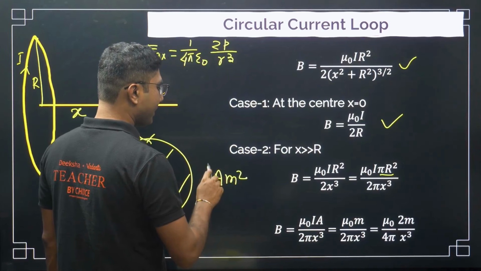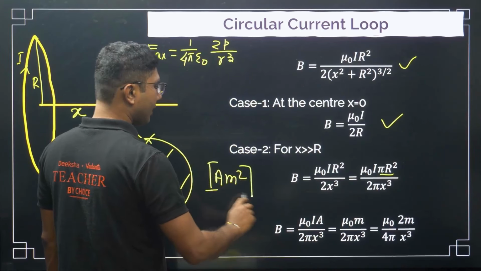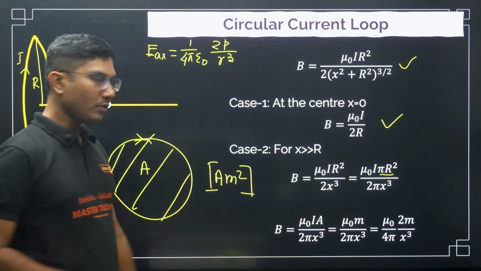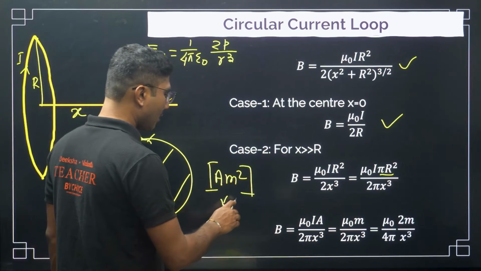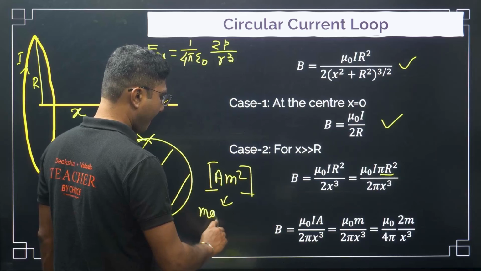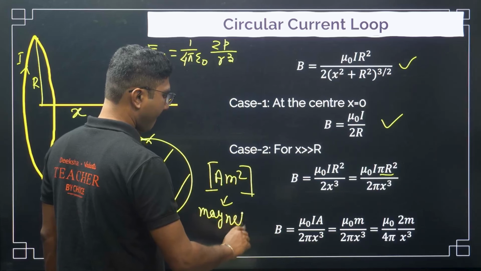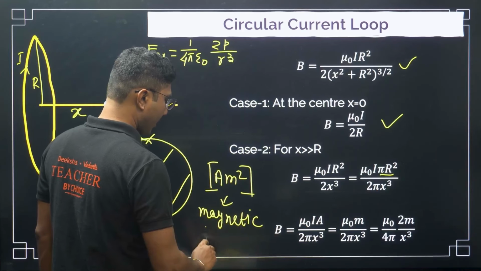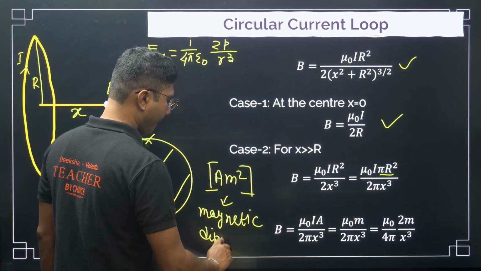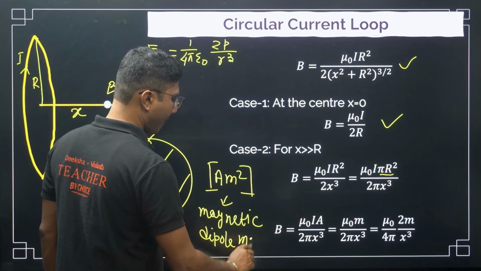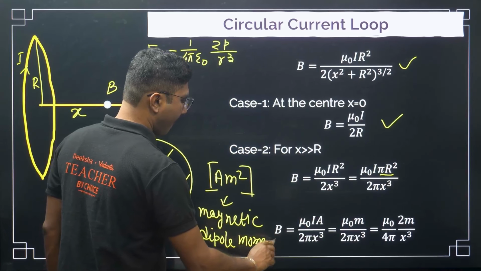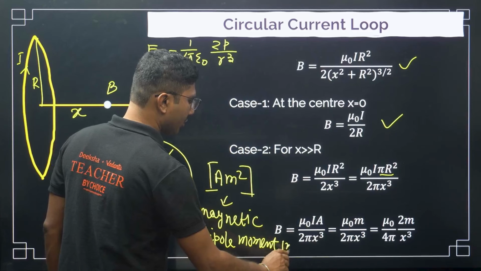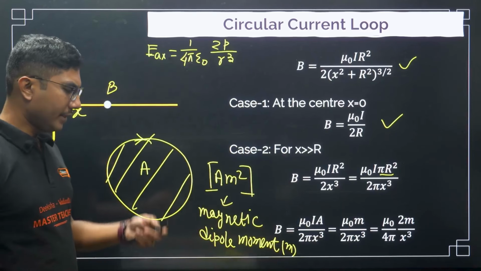So ampere meter square is the dimension of dipole moment. This is the magnetic dipole moment, and it is denoted by the symbol small m, right?